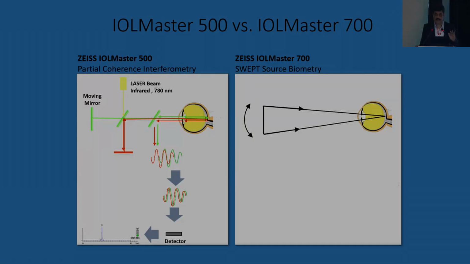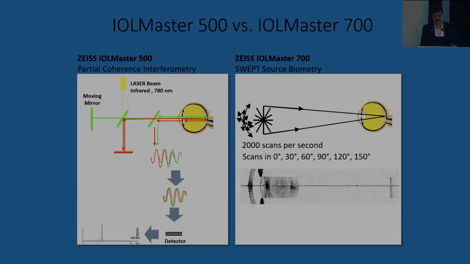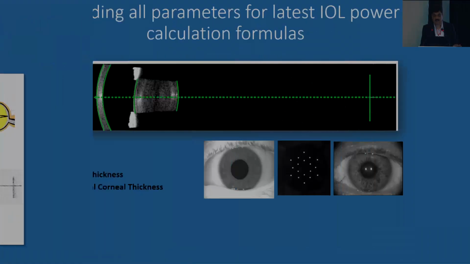The IOL Master 700 was upgraded to swept source biometry, and it does almost 2000 scans per second, which is very important. It scans at 0, 30, 60, 90, 120 and 150 degrees.